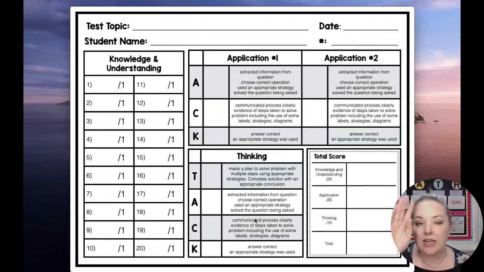So I've got 20 questions for the knowledge and understanding, 2 word problems for application, 1 word problem for thinking. They're all marked on a rubric. The rubric is right there where I can see it. And then I have their total score that gives me a total that breaks everything down for whether I'm marking at a 50 or I'm marking at a 25.